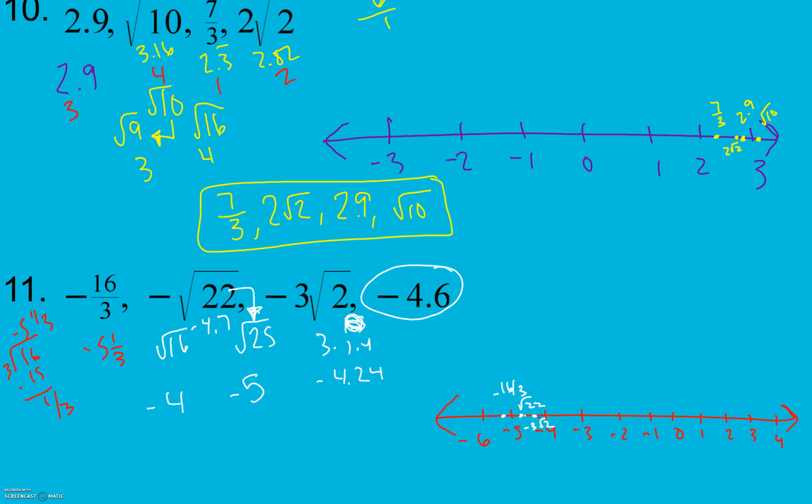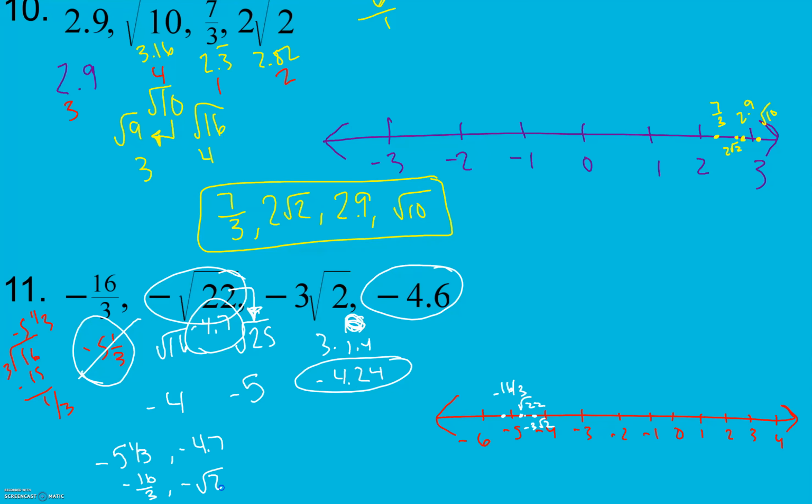But if we can compare our decimals, I have -5, -4.7, and -4.24. The smallest number is -5 1/3, which is actually -16/3. Then our next smallest decimal is -4.7, which is actually -square root of 22.